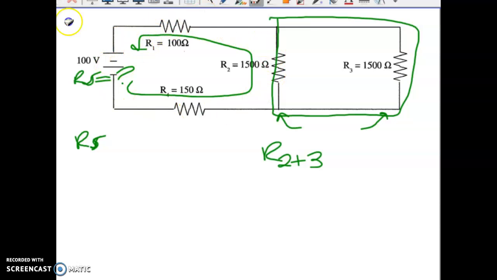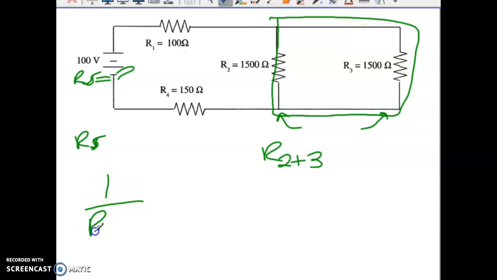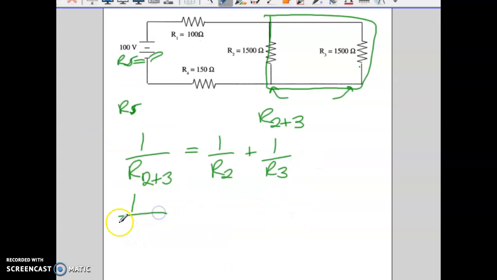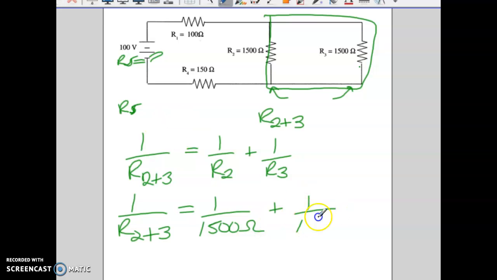Okay, R2 and R3 are in parallel, so we're going to follow our parallel relationship. So 1 over R2,3, and I'm going to use this because we're trying to find the total of this parallel section, is going to be equal to 1 over R2 plus 1 over R3. And it should look familiar. So this is going to be 1 over 1500 plus 1 over 1500.